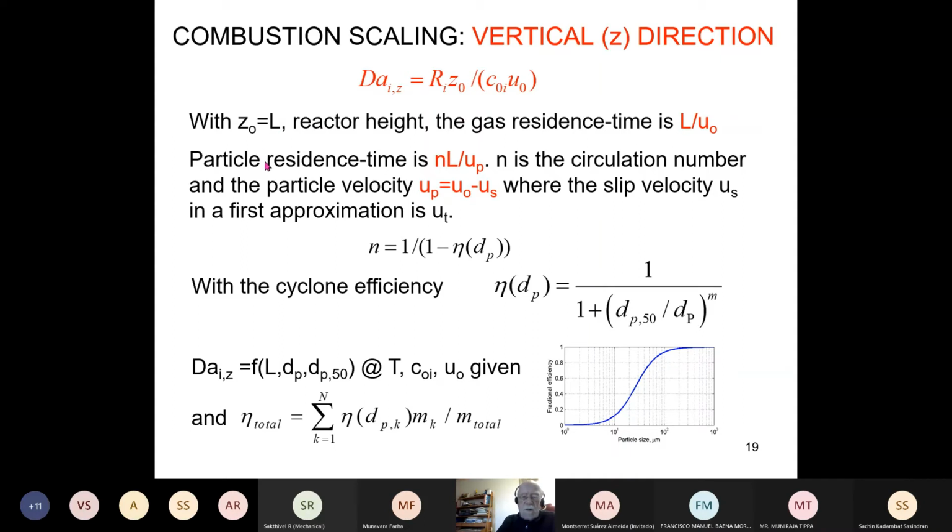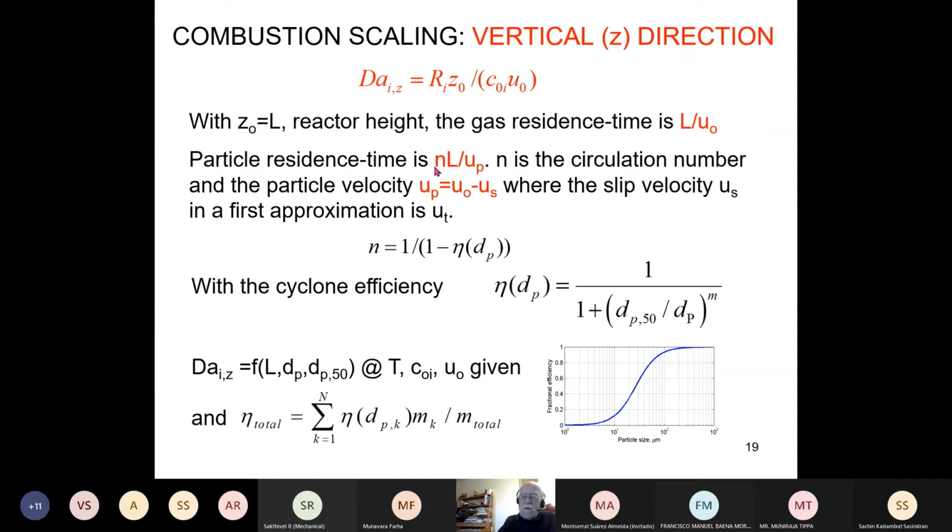So we have been talking about the number of the particle residence time. First of all, the height of the reactor divided by the velocity gives the gas residence time at least, and the particle residence time depends on the particle velocity, which is a little less than the gas velocity, and also on the number of turns that the particles have made through the cyclone.